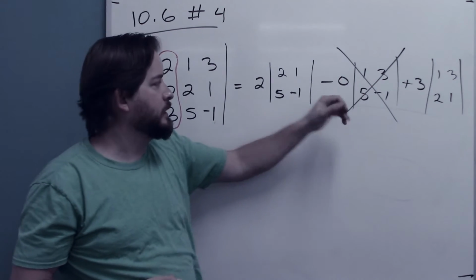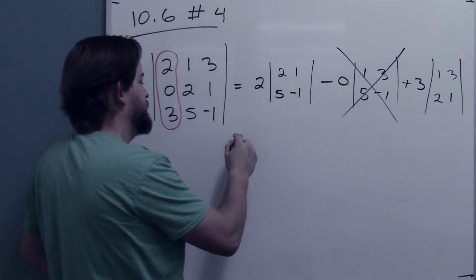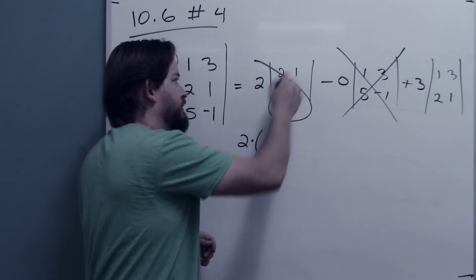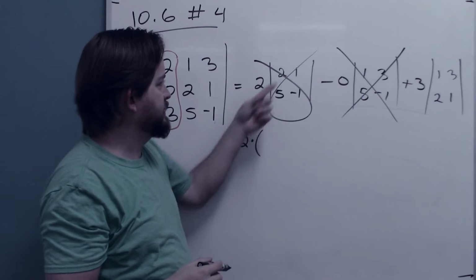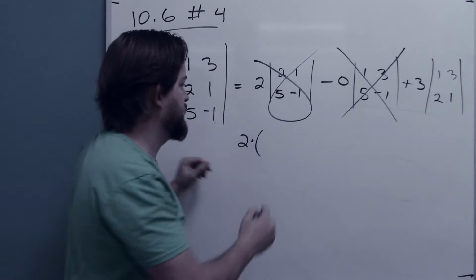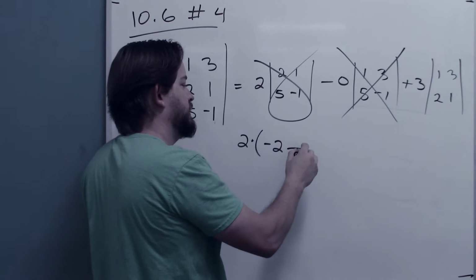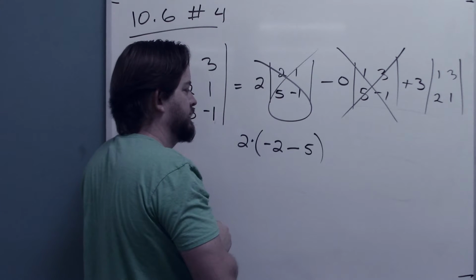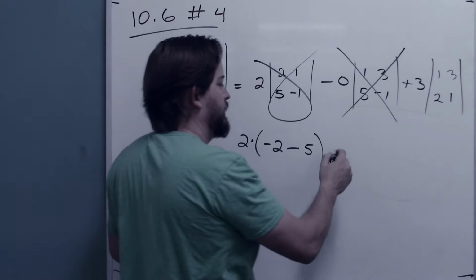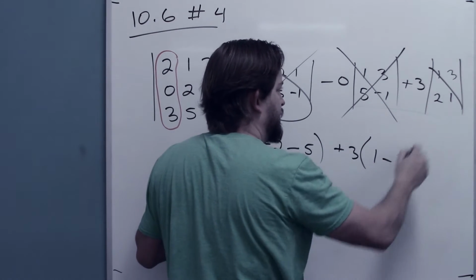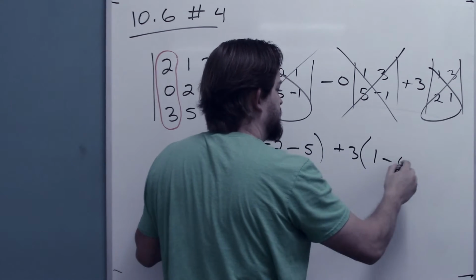It's 0, right? This 2 gets multiplied by the determinant of the 2 by 2, so 2 times negative 1 is negative 2, minus 5 times 1, so negative 2 minus 5. So plus 3 times 1 minus 6.